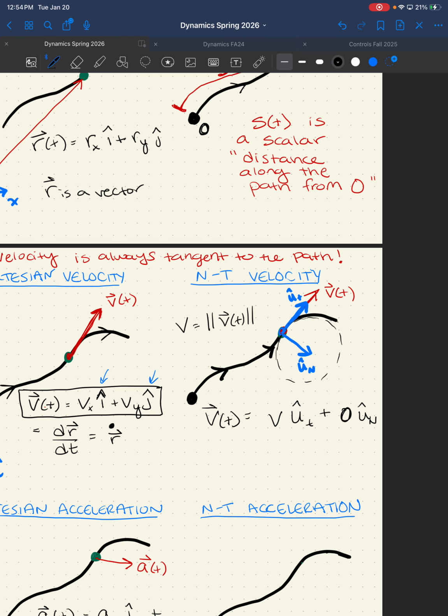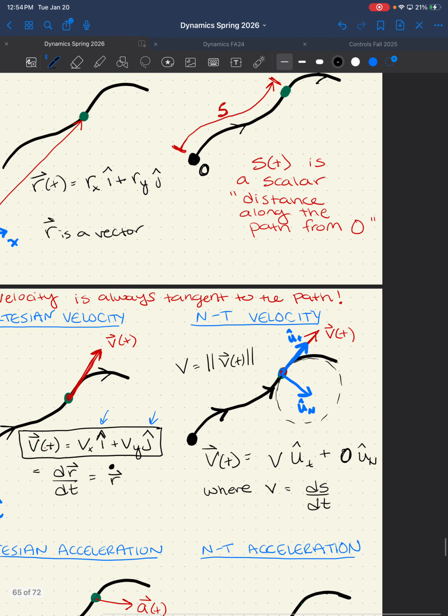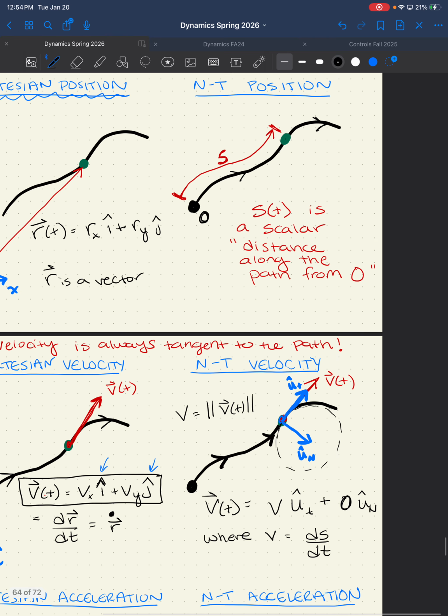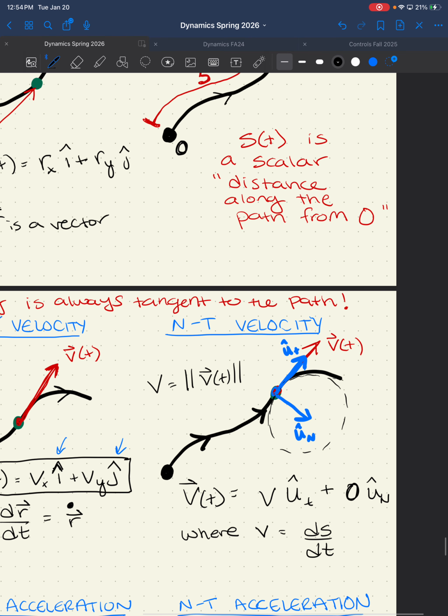And we want to relate it back to position. So I'll say this is where v, without the arrow bar, is equal to ds/dt, where s is defined as above for position. Yes, ma'am.